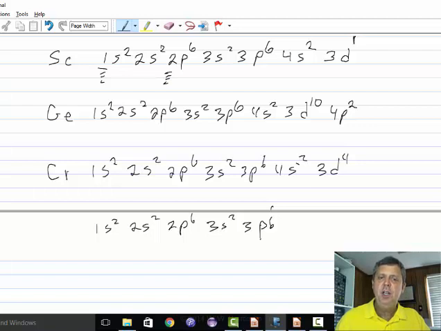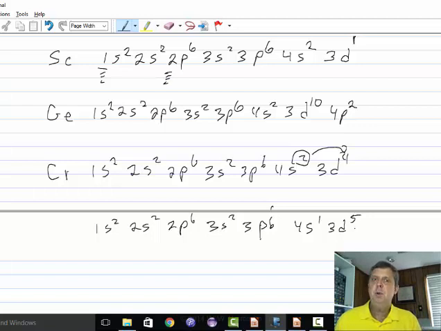One of these s electrons actually hops over to the d, so we actually get 4s1, 3d5.